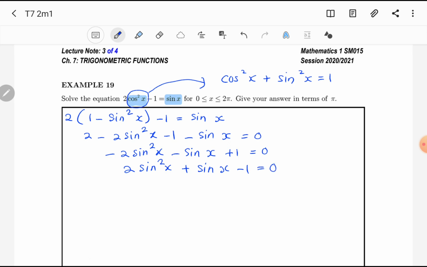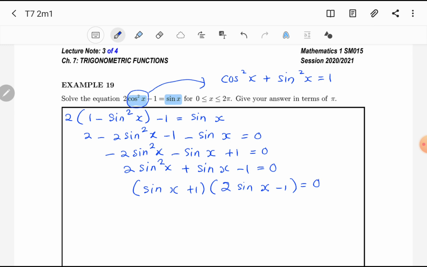Okay. So, after this, kita dah dapat semuanya sebutan sin. Okay. So, kita akan factorize. So, (sin X plus 1)(2 sin X minus 1) equal to 0.